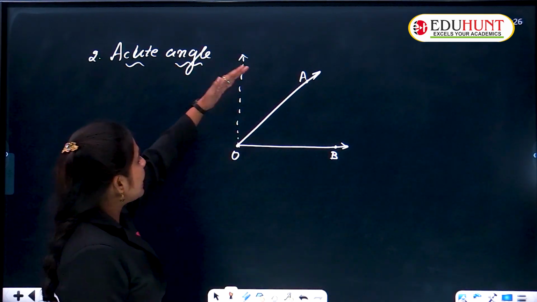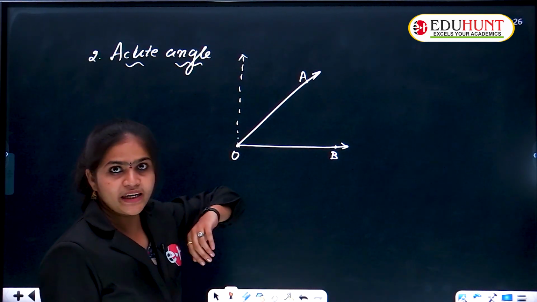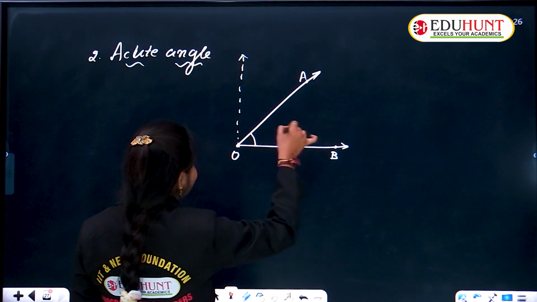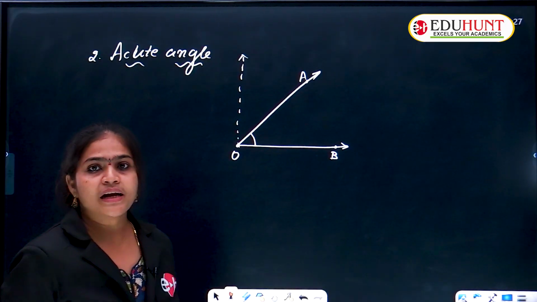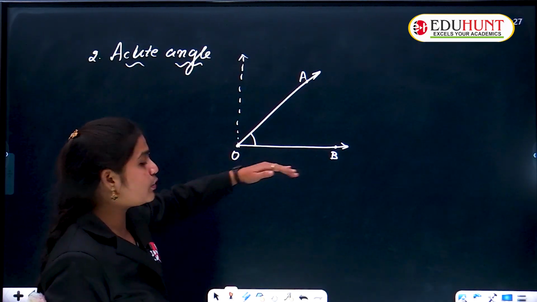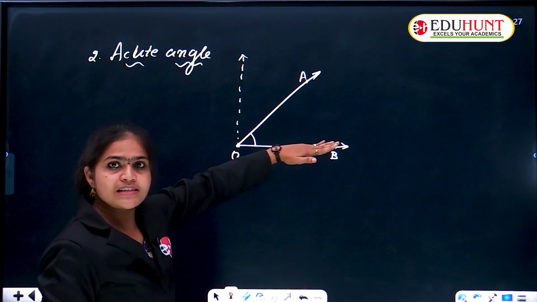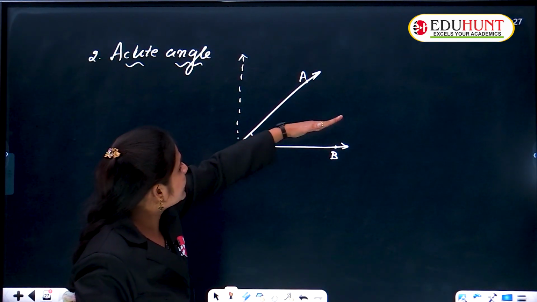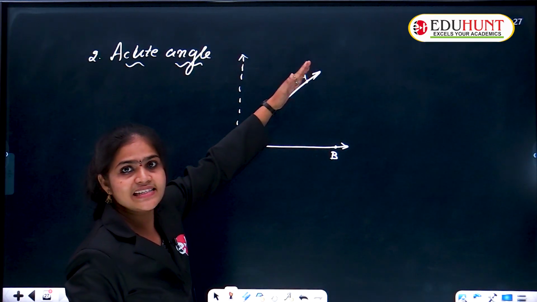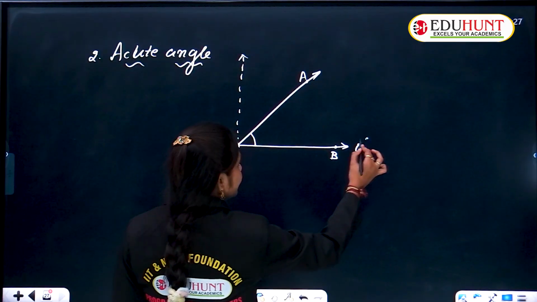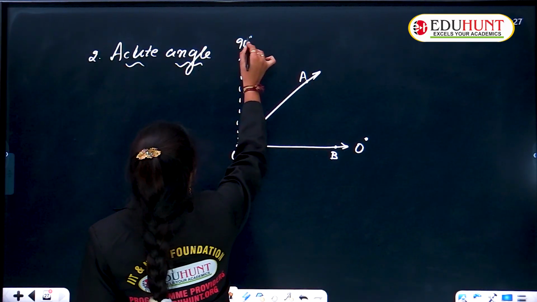Now the angle between OA and OB lies in between. Here this is a 90 degrees angle, no? In between 90 degrees and 0 degrees. Previously there was no angle formed. From that case onwards it will increase up to here, and that lies in between 90 degrees and 0 degrees. We know that this is 0 degrees angle and this is a 90 degrees angle.